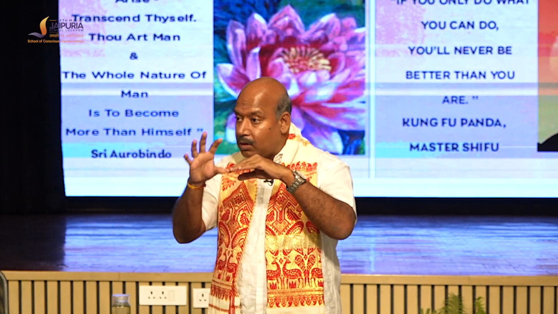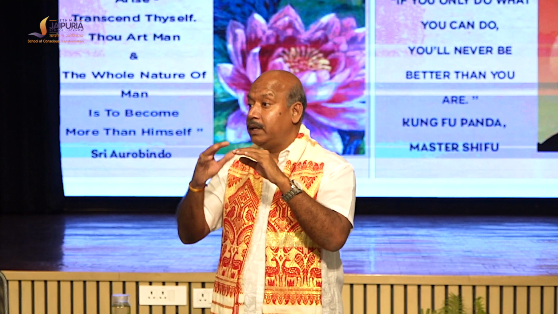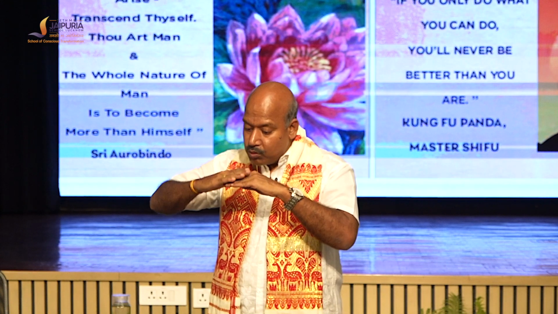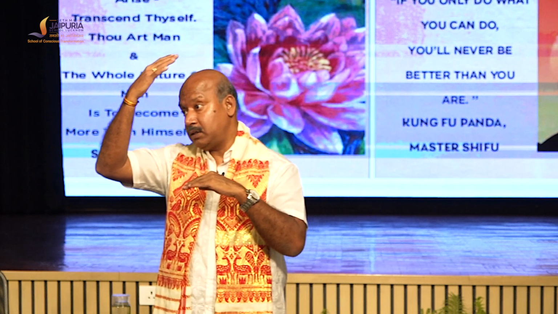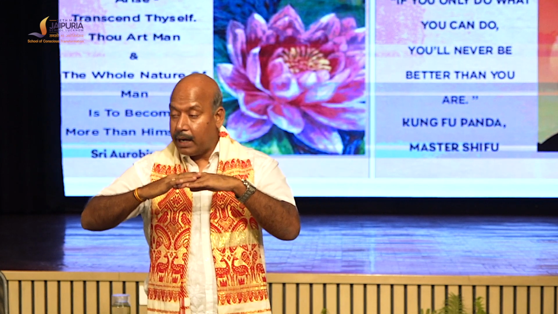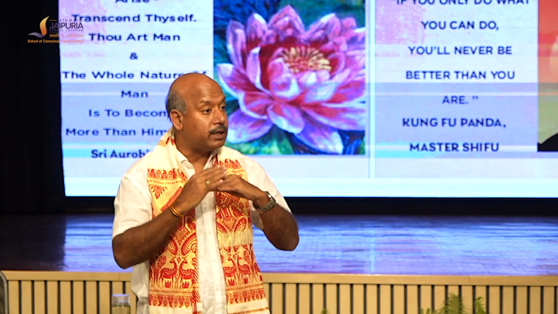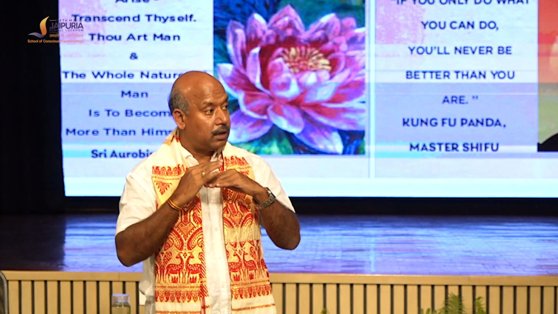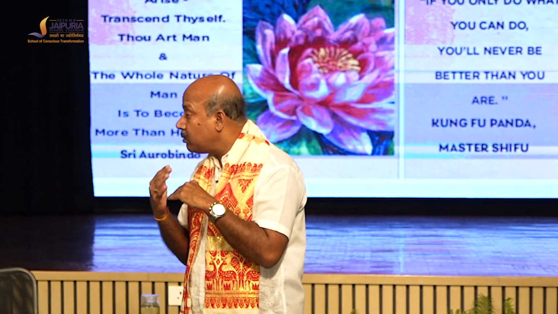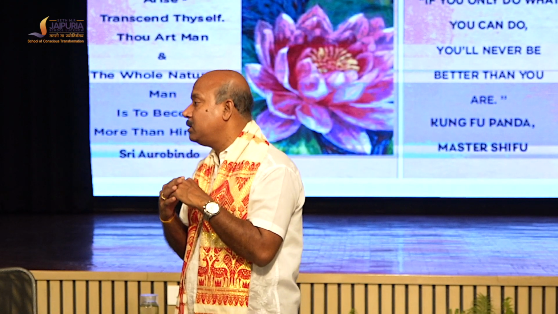So mind is not just one component. It has so many layers, from the most physical mind to the most spiritual mind, right? So you have a sense mind, you have a reasoning mind, you have a thinking mind, okay? Then beyond that you have the higher mind, an illumined mind, an intuitive mind, the overmind, then you have the supermind, right?